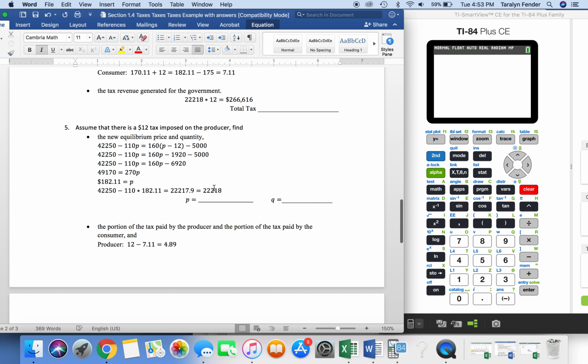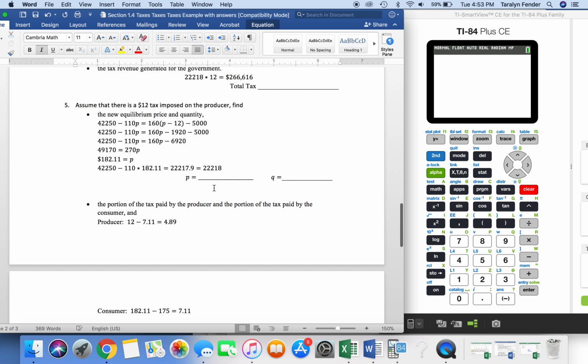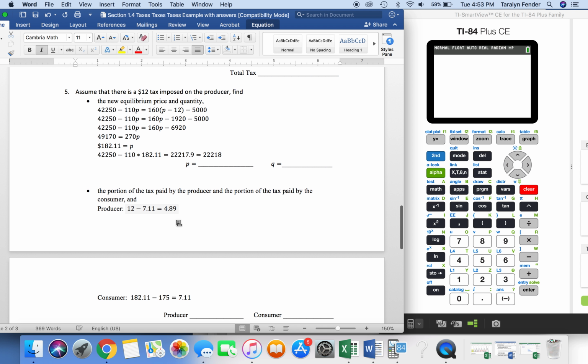The proportion of the tax paid by the producer and the proportion by the consumer: we take the $12 minus 182.11 minus 175. That gives us 7.11, which is what the consumer pays, so the producer pays $4.89.